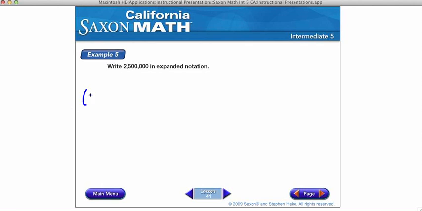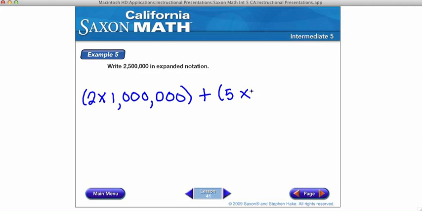So 2 times 1 million, because that 2 is in the millions place, plus 5 times 100,000, because that 5 is in the 100,000s place. And that's it, okay? Because everything else is a 0, you don't need to write anything else.